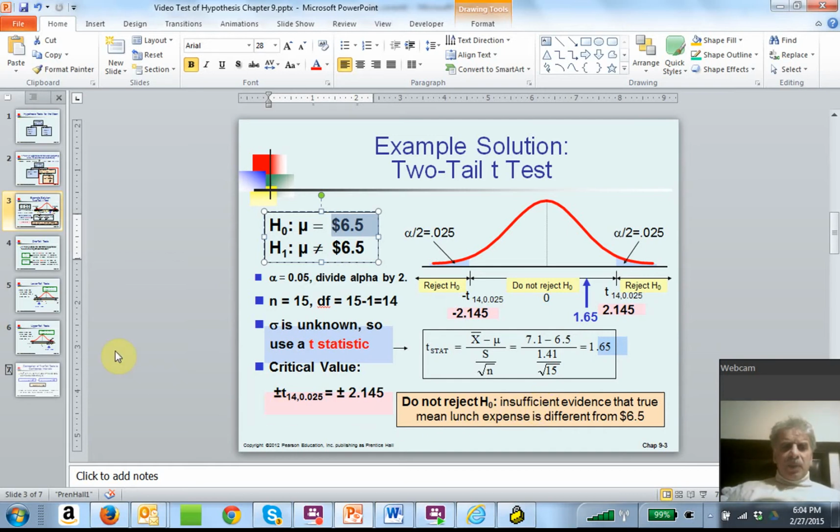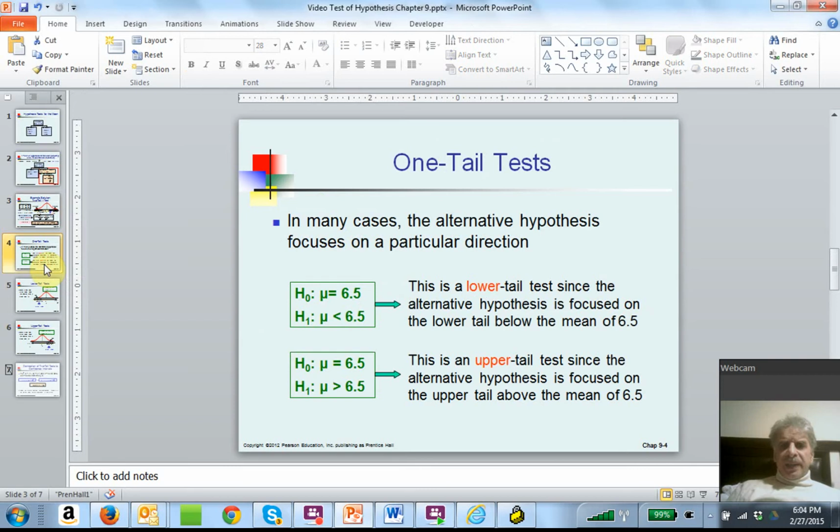And now a couple more issues I would like to go through, and that's related to the alternative. You really have to read the problem very carefully and find out what kind of alternative you're dealing with, especially in chapter 9 and also in chapter 10. Always, under H0, I use equality.